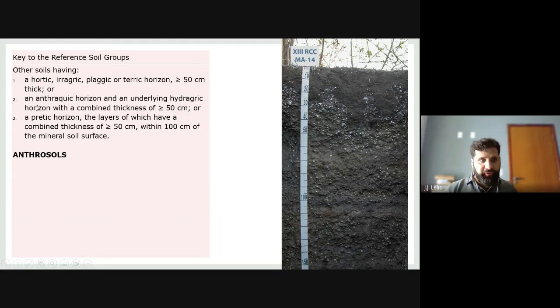Or if I find an anthraquic horizon and an underlying hydragric horizon with a summed thickness equal or higher than 50 centimeters. So again, it should possess at least 50 centimeters with this anthraquic and underlying hydragric horizon.